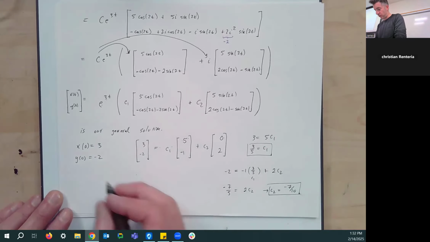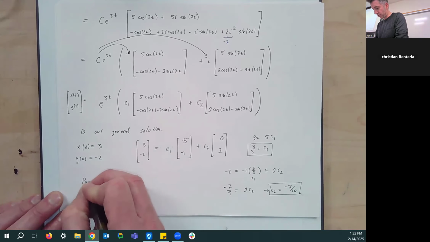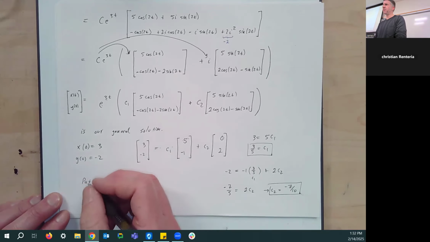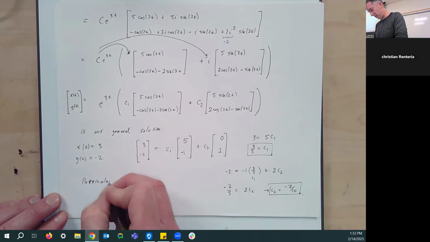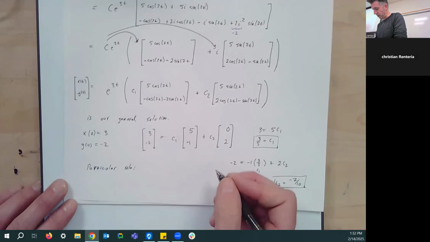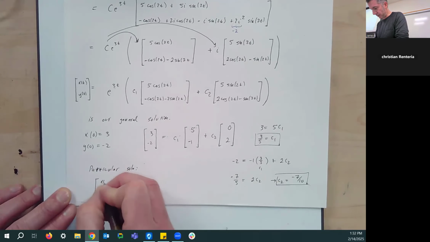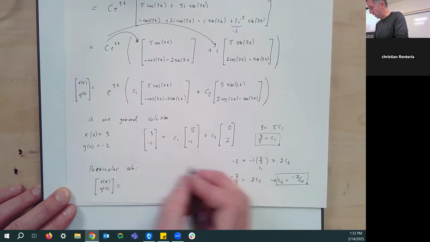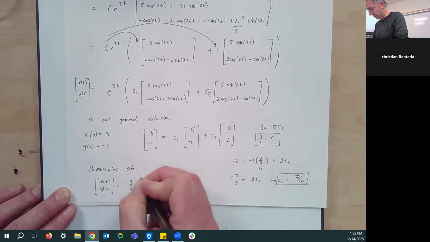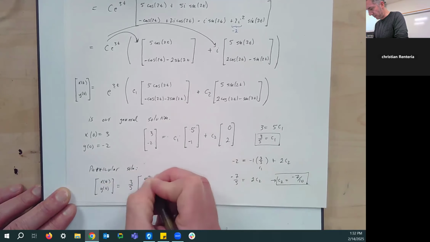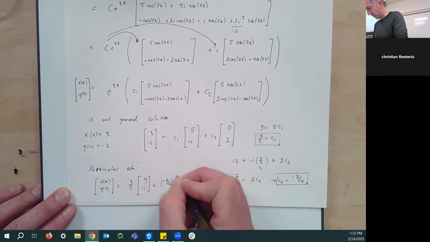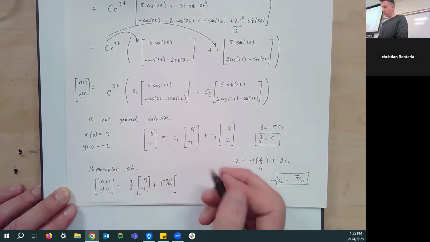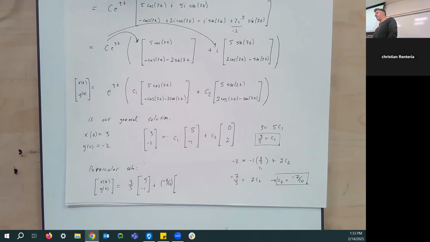So here, our particular solution. I think there's an R, but it doesn't matter, it's not a spelling class. The particular solution is going to be x of t, y of t equal to 3/5 times the vector 5, -1, plus negative 7/10 times the vector... Hold on, whoa, I skipped over these two.